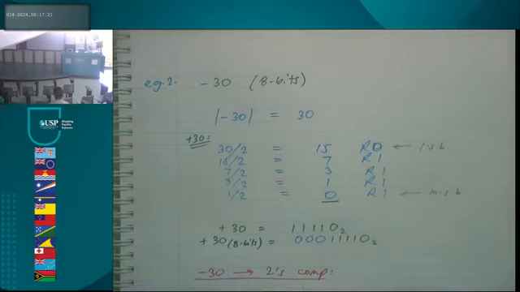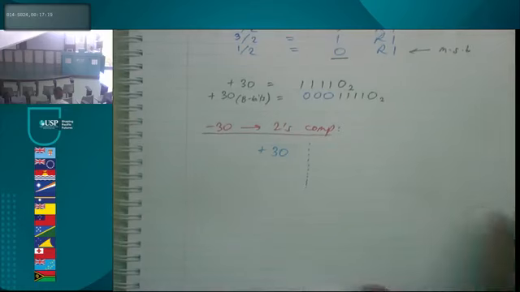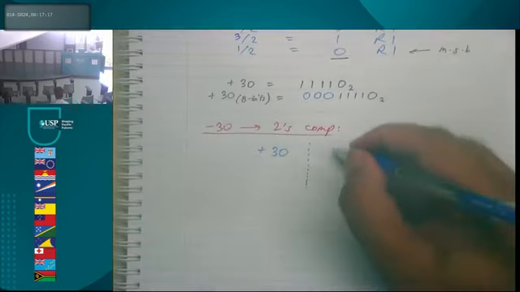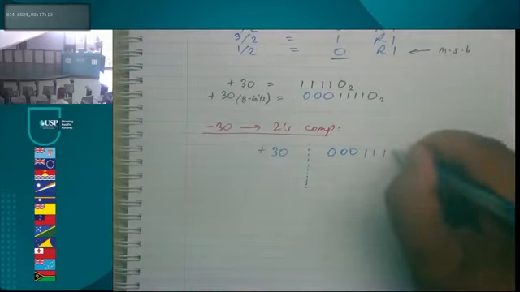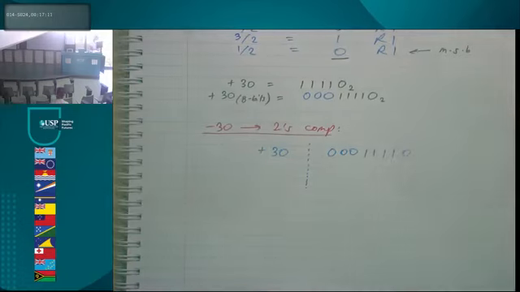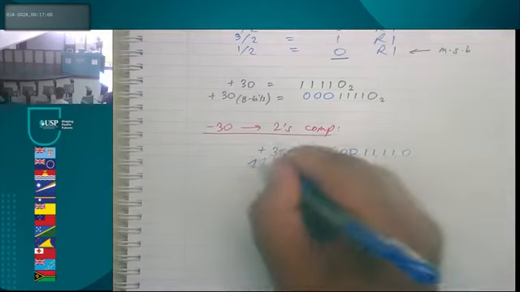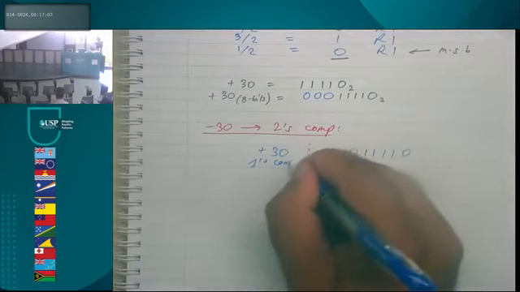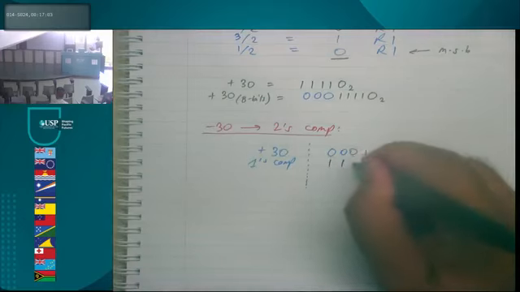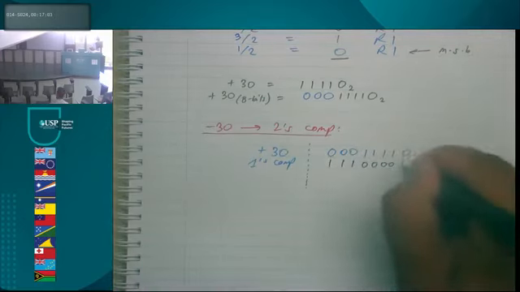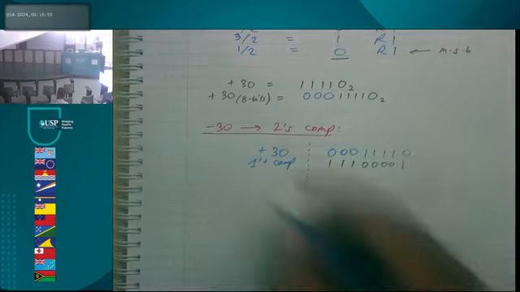We then convert that, 1, 2, 3, 1, 2, 3, 4, 0. Is that 8 bits? Yes, it is. We take the 1's complement, there will be 1, 2, 3, 1, 2, 3, 4, 1, right? Then we add 1.